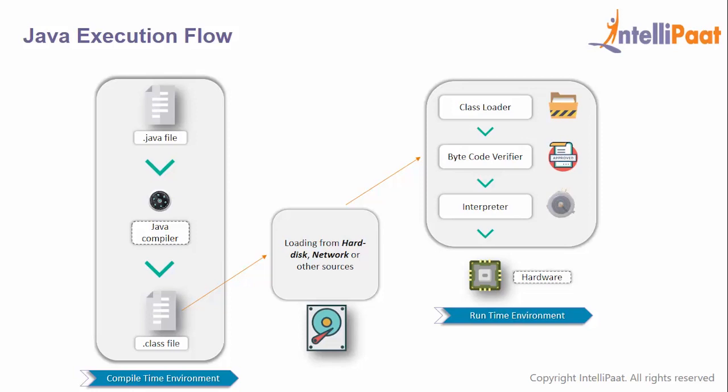Then JVM puts the code through the bytecode verifier that checks the format of the code and also checks for any illegal code. So illegal code is basically any code that violates access rights on objects or violates the implementation of pointers. Then finally, the interpreter executes the bytecode, converts it into appropriate machine code, and makes calls to the underlying hardware.